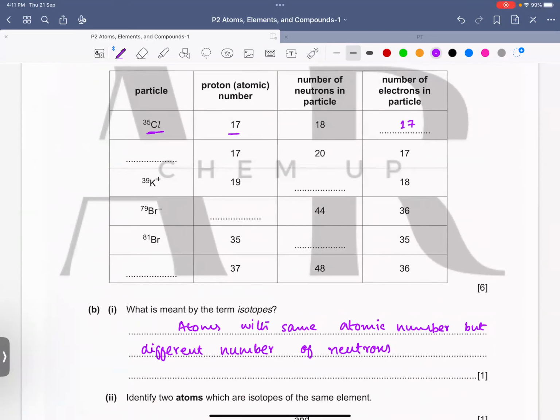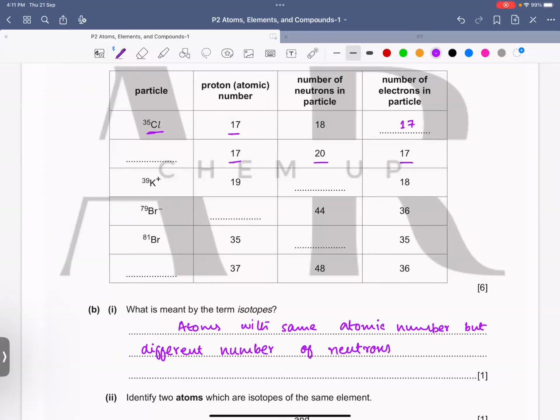Khatija, can you tell me what we will fill over here by looking at these values? 37 chlorine.